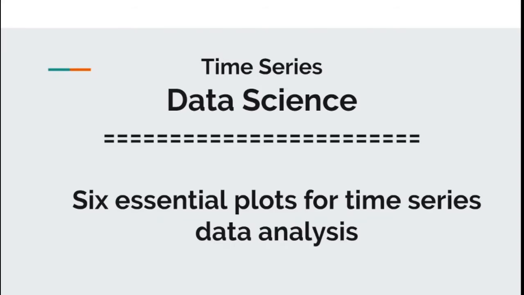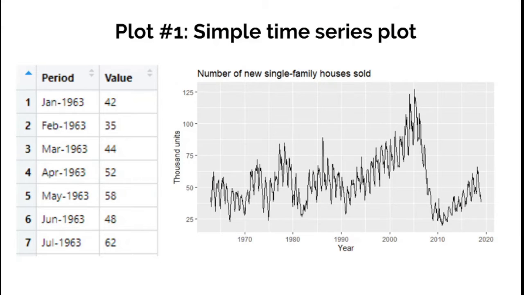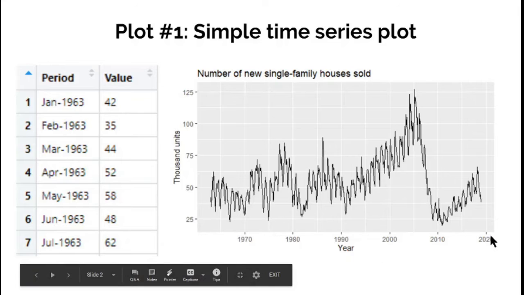So let's dive in. The first plot is a simple time series plot. This is what you get as a default plotting when you just plot the values against time. On the x-axis you have years, and on the y-axis you have the observations, in this case, number of new family houses sold in 1,000 units in different years.